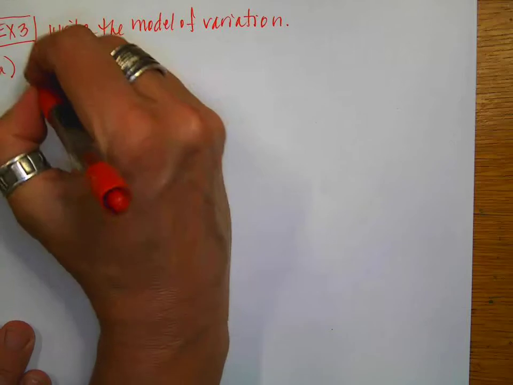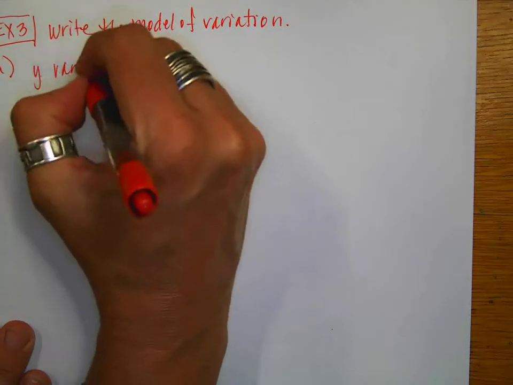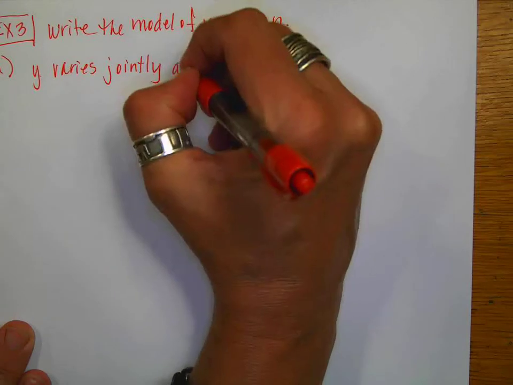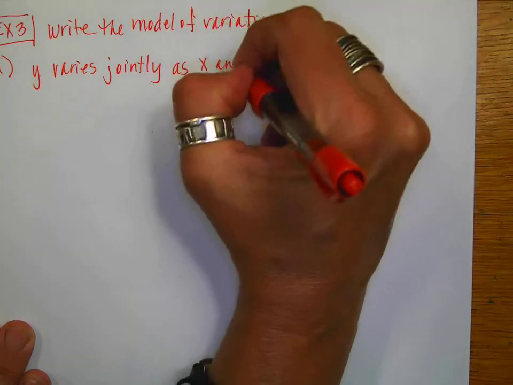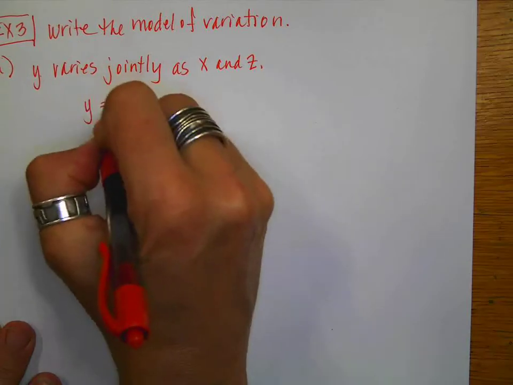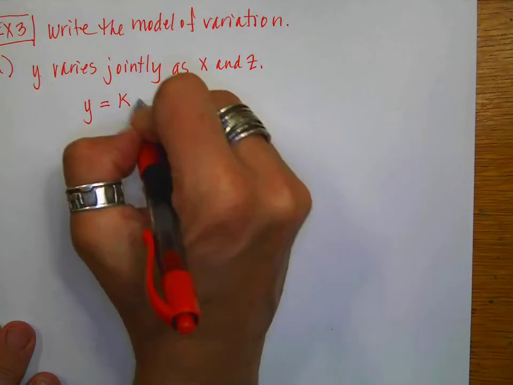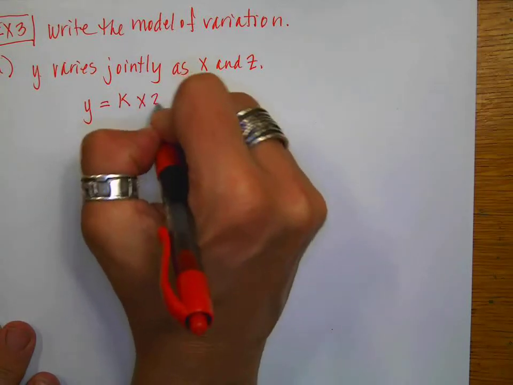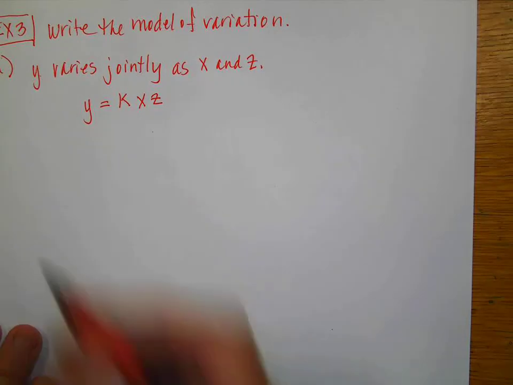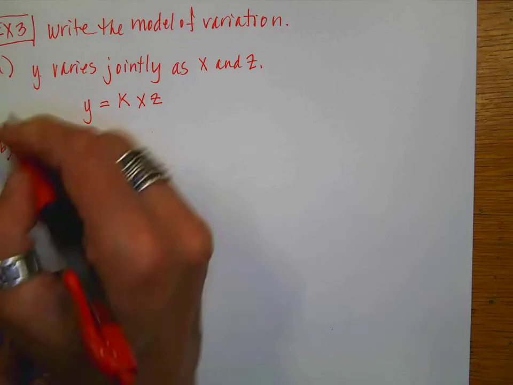All right, so for A, I'm going to have y varies jointly as x and z. So again, it's just a way of bringing in extra variables. Y varies jointly as x and z. So you have to assume that they're multiplied together unless it told you something different.